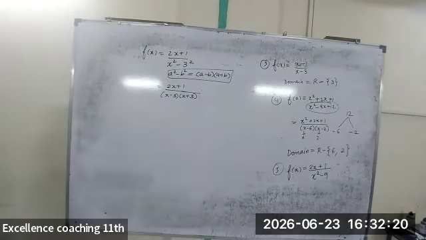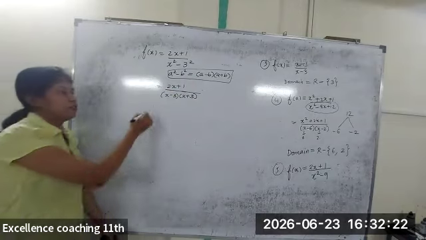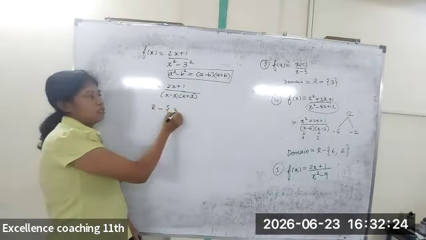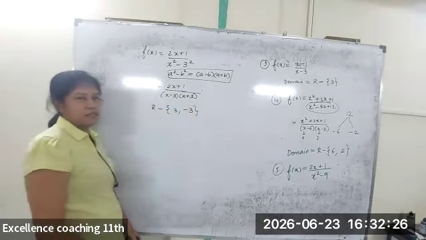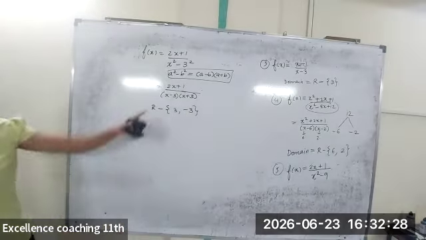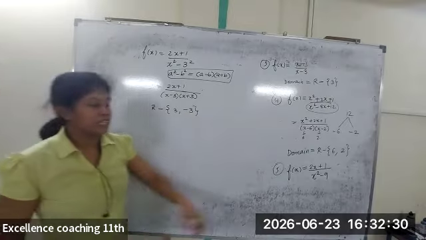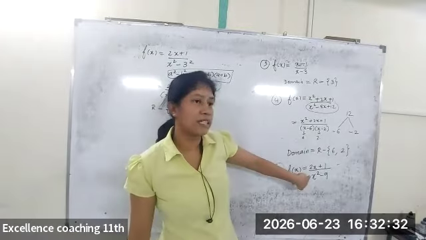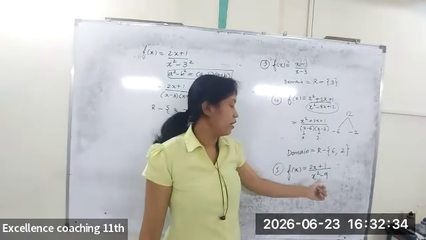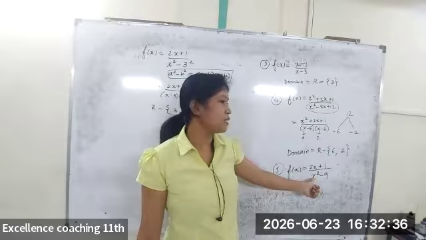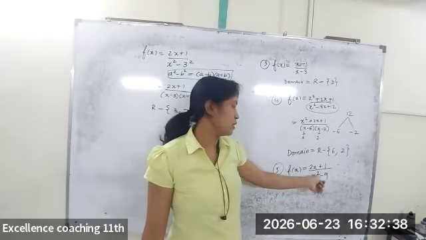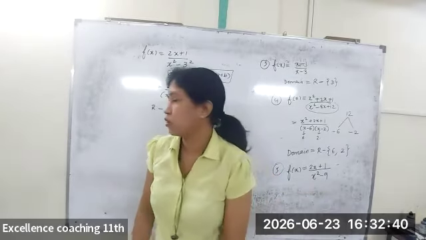This is one method. So your numbers will be 3 and minus 3, because if you put 3, 3 square is 9, and 9 minus 9 is 0. If you put minus 3 also, minus 3 square is plus 9, and 9 minus 9 will be 0. So these are the two numbers.